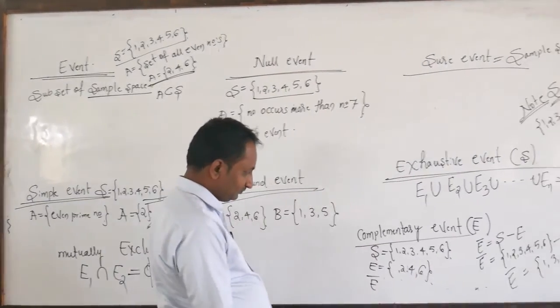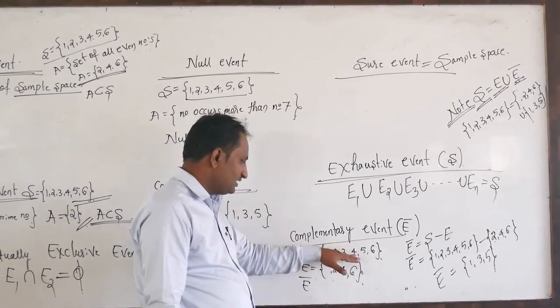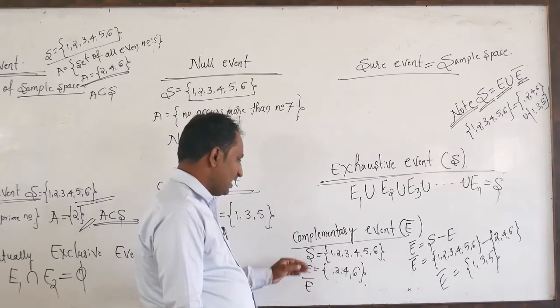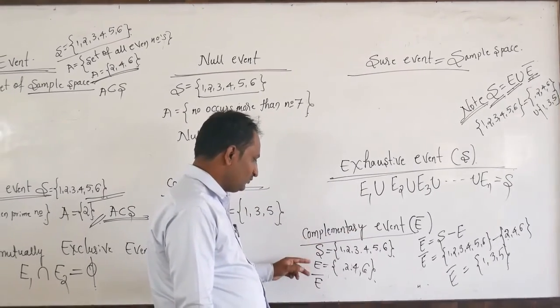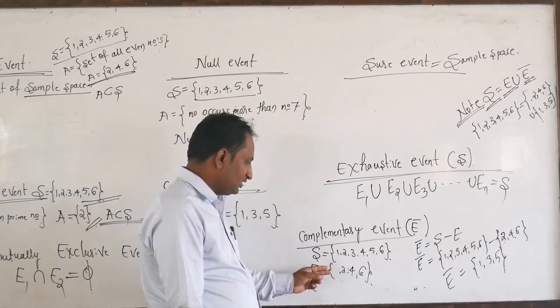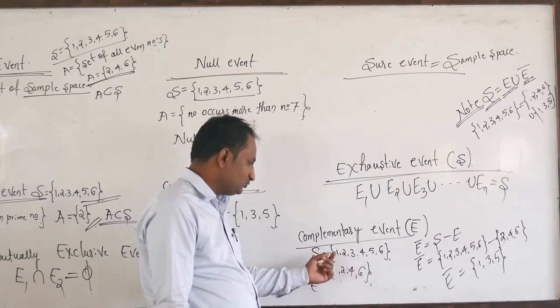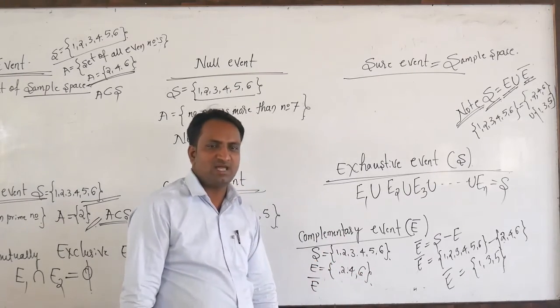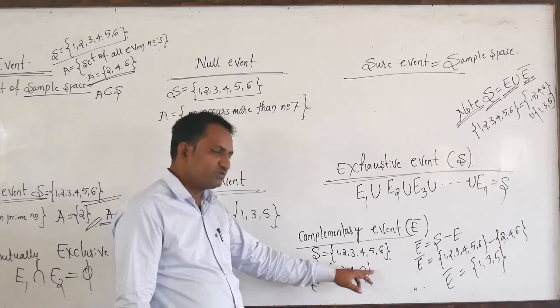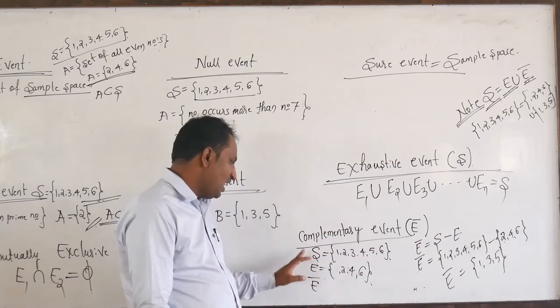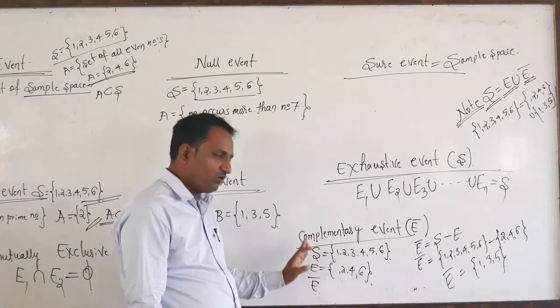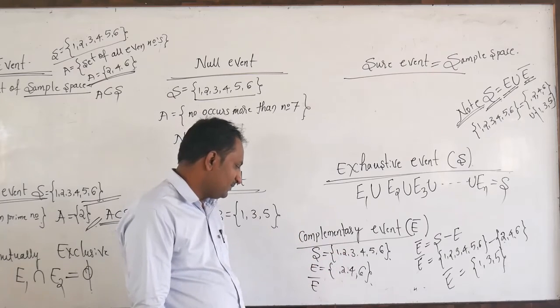Complementary events: consider one sample space and one event, even numbers 2, 4, 6, occurring in that sample space.